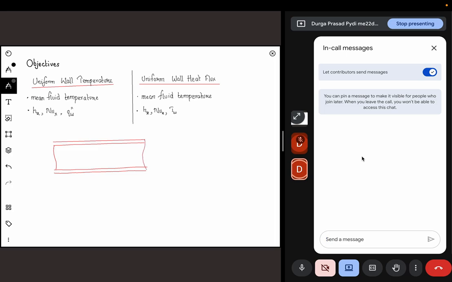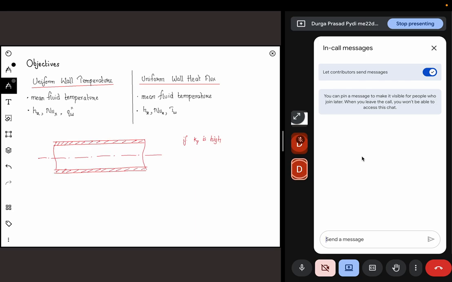Why is that? What I was trying to say is, let's say you have some pipe like this, and the material that you are going to use for the walls of the pipe, if k of that particular pipe material is very high, then what happens?